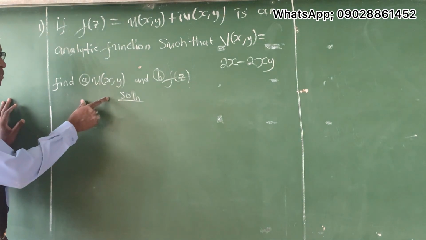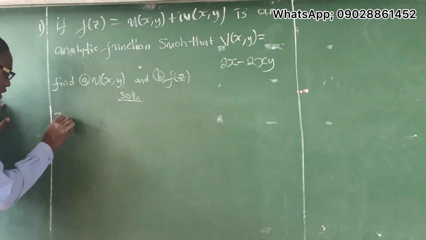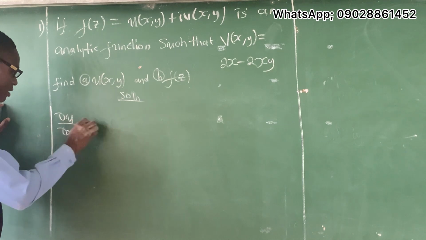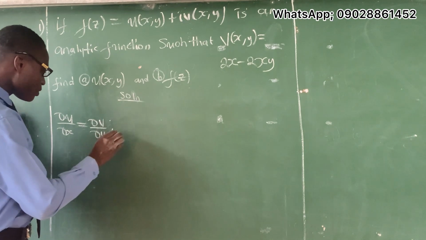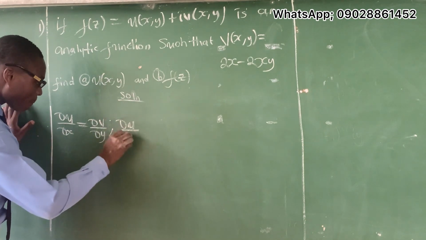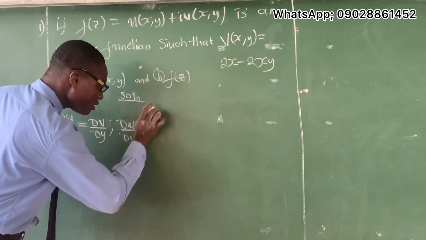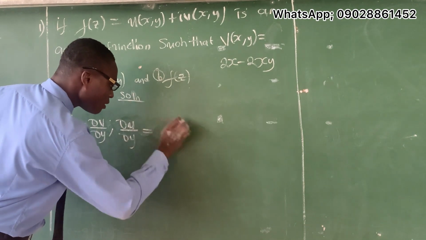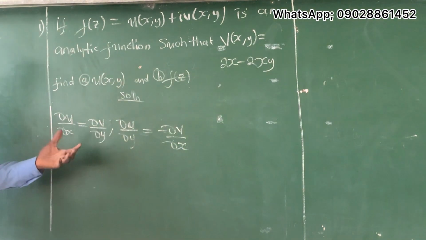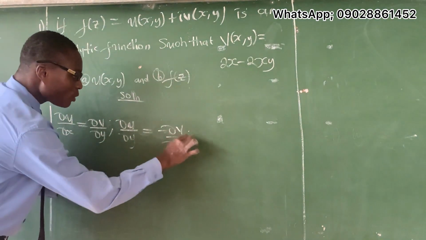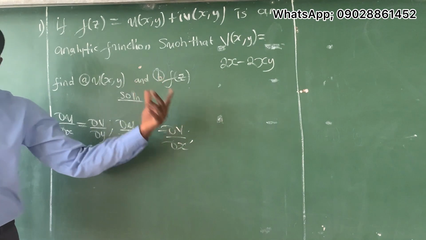So for us to be able to find the real part, we need to apply the Cauchy-Riemann equation, which states that partial u partial x is equal to partial v partial y, and also partial u partial y is equal to minus partial v partial x. So these are the two equations we are going to use to find our real part and the complete function f of z.